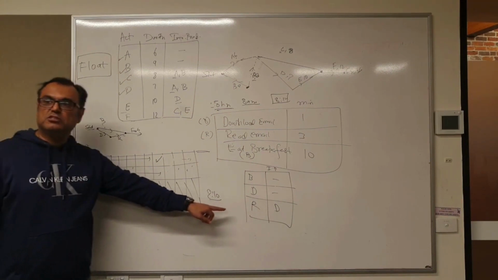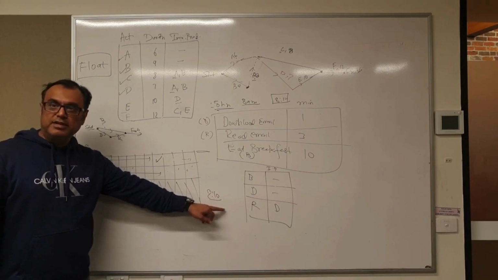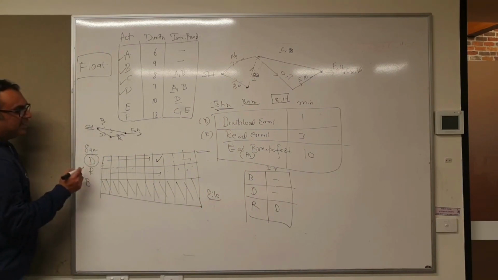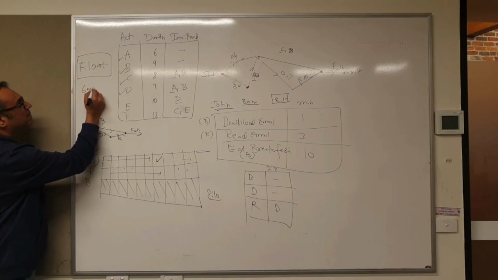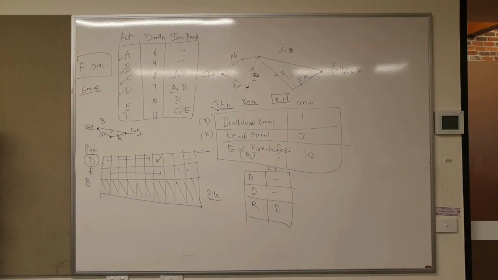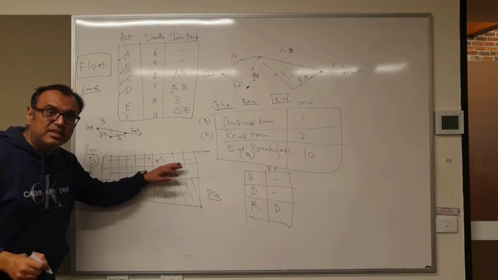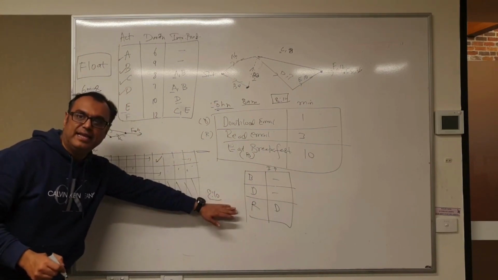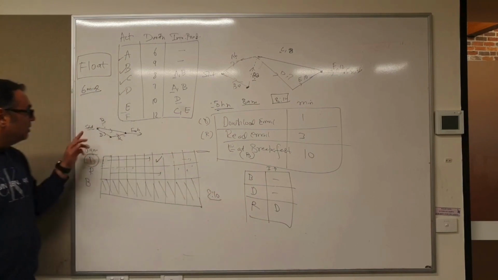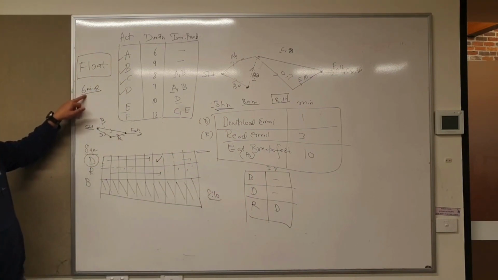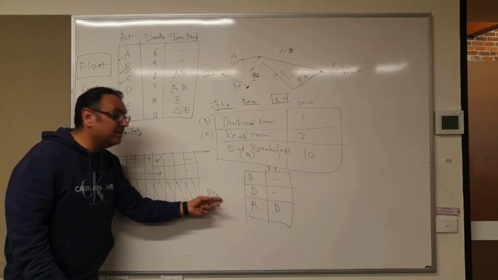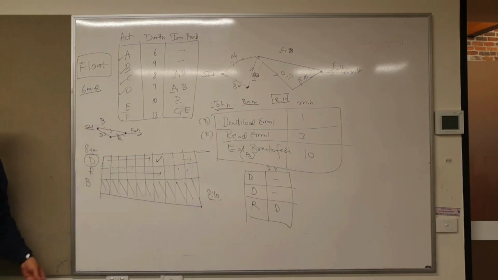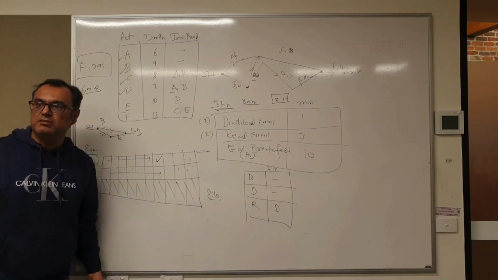Right? So this D has a slack or a float of 6 minutes. At the max, he can delay downloading the email by 6 minutes in order to go out of the door by 8:10. The moment he delays this 6 minutes to the 7th minute, he cannot leave the door by 8:10, then it will be 8:11. He might miss his train.